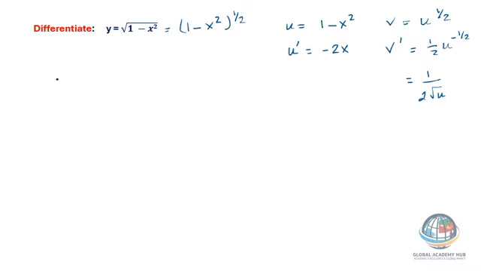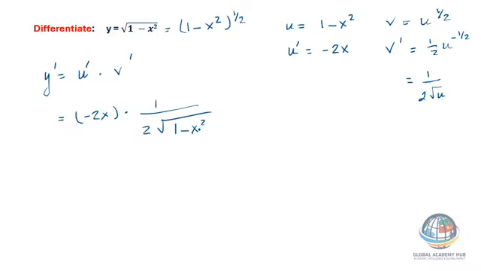So now I come over here and I'm going to say y prime is going to be u prime multiplied by v prime. And so u prime is minus 2x. And I'm going to multiply that by 1 over 2 square root of u. But u is 1 minus x squared. So this is 1 minus x squared.